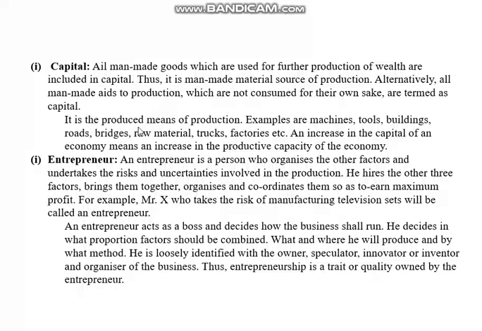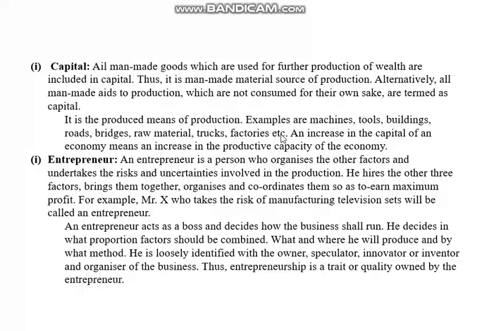It is the produced means of production. Examples are machines. Actually, a machine is made by man, a man-made good. Tools are also made by man. Buildings, roads and bridges are made by man.